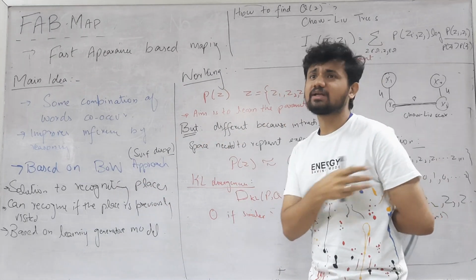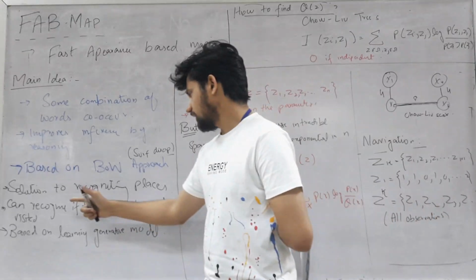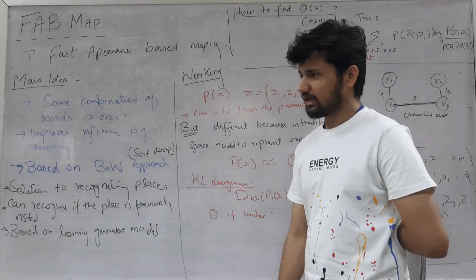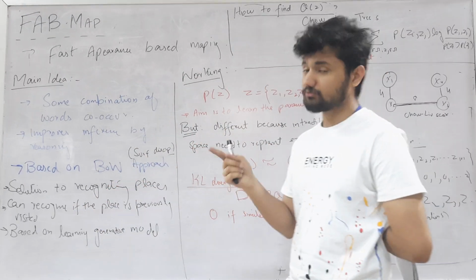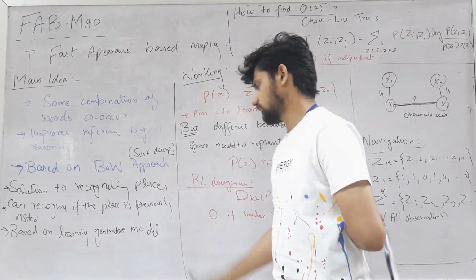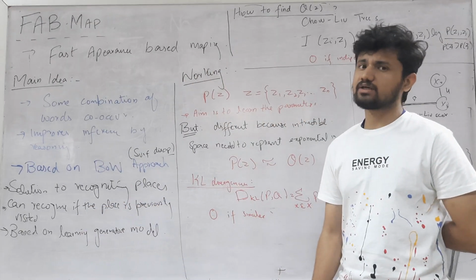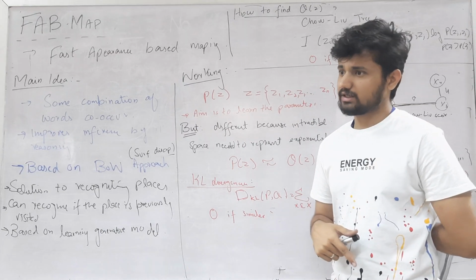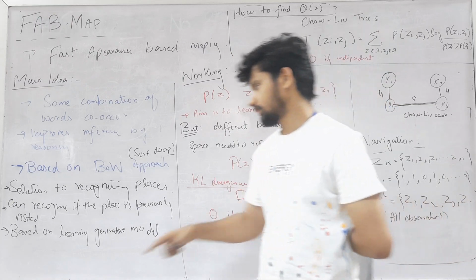You can recognize the places more efficiently. And second, now you can know whether you have visited the same place before or not. This is called loop closure. Now it is easier to check whether the robot is at a loop closure or not.